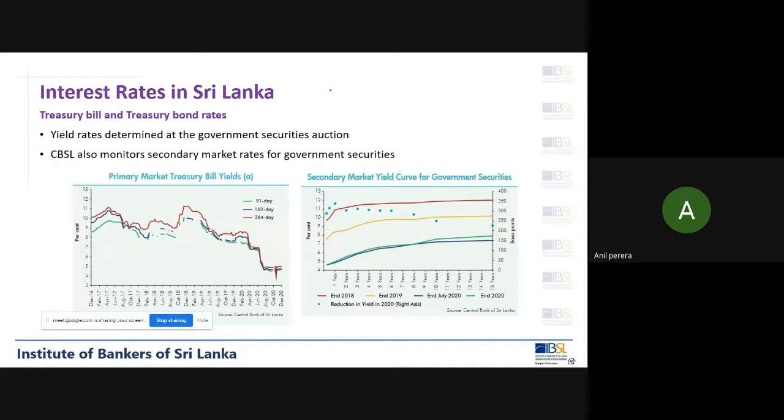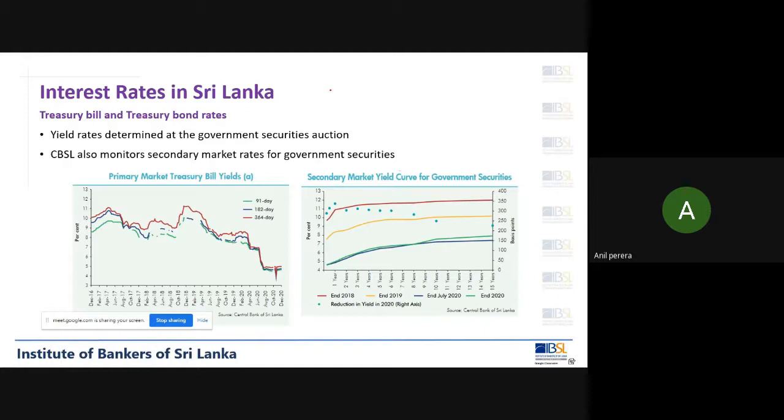So at the auction, an average rate is determined based on the transactions, transaction volumes and the interest rates. So based on that, an average weighted rate is calculated for these government security rates as well.